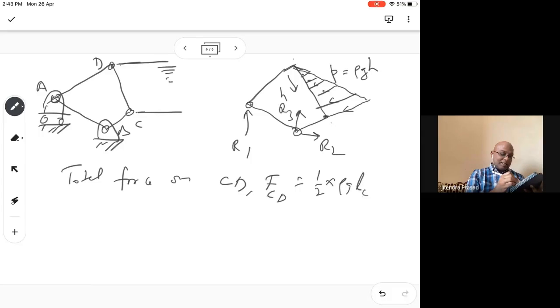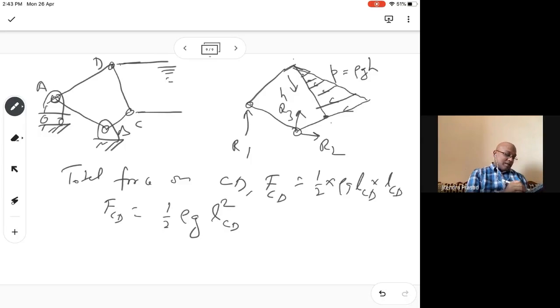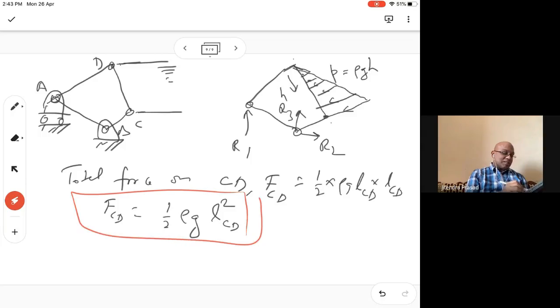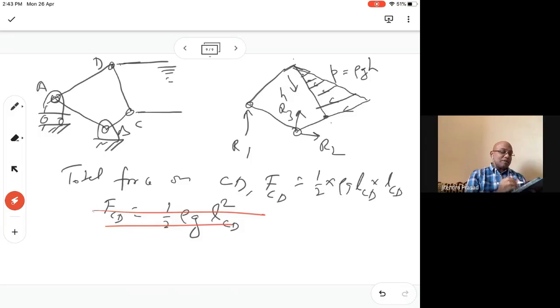Let's call it LCD. So basically FCD will be equal to half rho g LCD square. So this will be your total force, right? This is going to be total force.